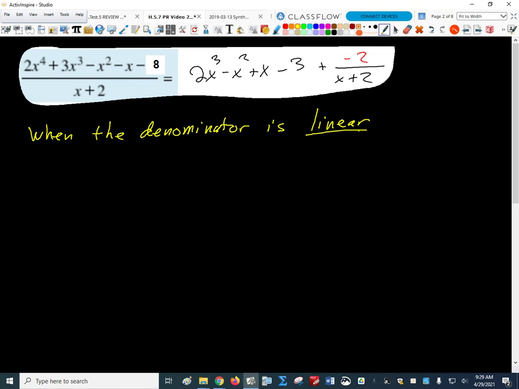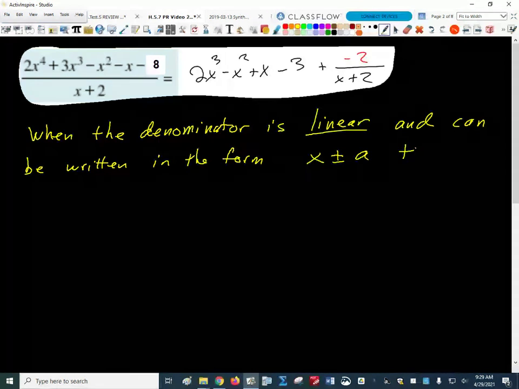When the denominator is linear and can be written in the form x plus or minus a, where a is just some number, then you can use synthetic division.